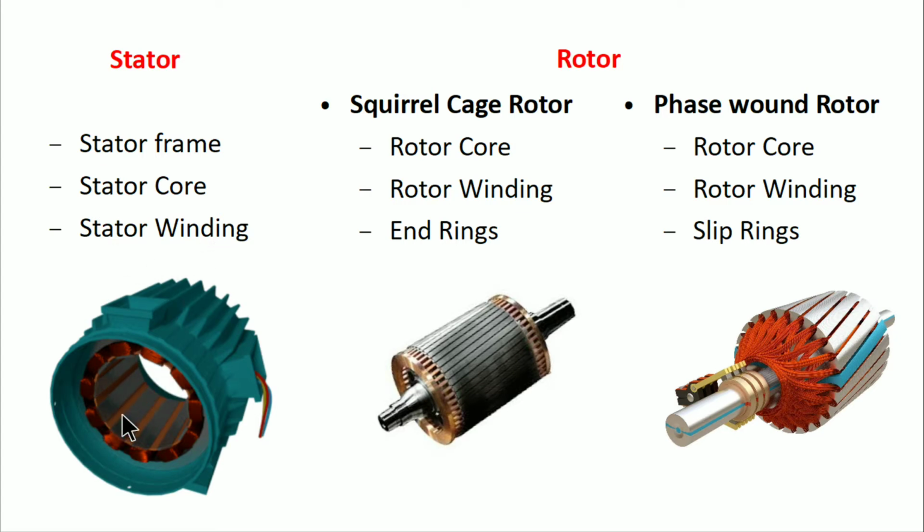In the slots, windings are placed. And rotors are of two types: squirrel cage rotor and phase wound rotor. The diagram of this rotor is shown here. Here are slip rings, so phase wound rotor is also called slip ring type rotor. Core and winding are present in both the rotors.